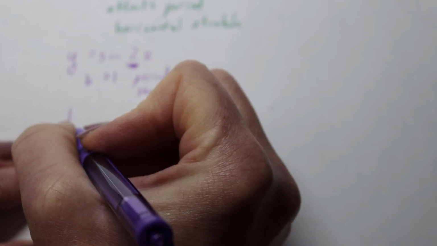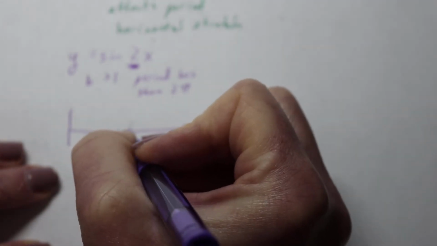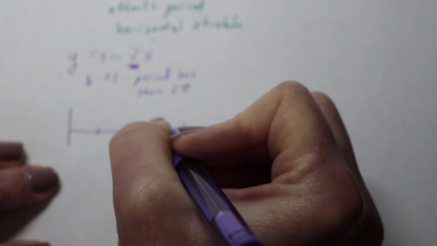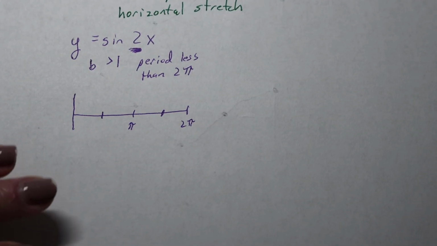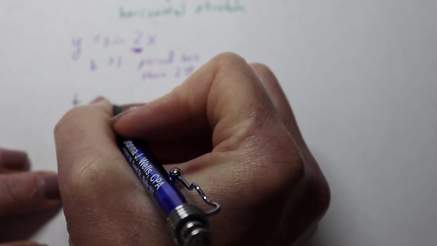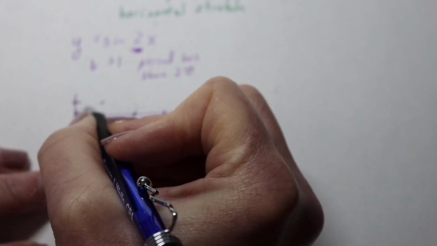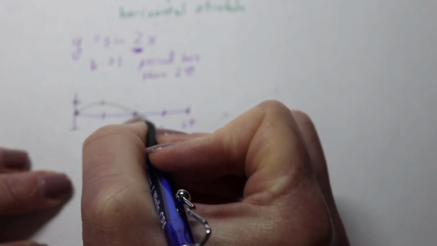So again, if I set this up, and this is 2 pi, and this is pi, we know that our parent function starts here, and I'm putting in those critical points, and does this.